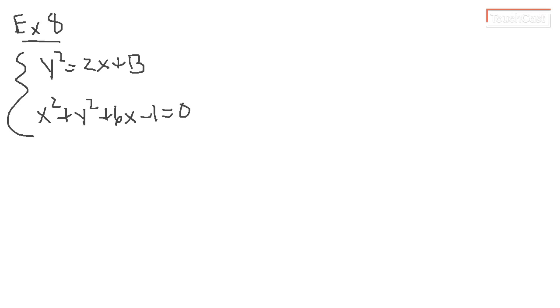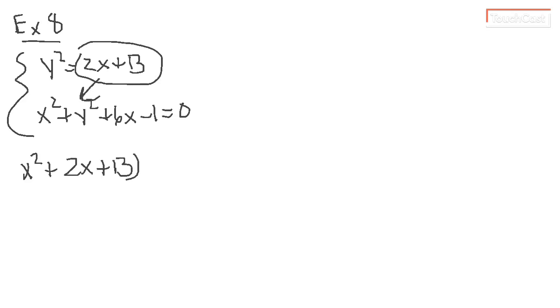I'm going to use substitution for this because I have a y squared in both of my equations. I'm just going to take 2x plus 13 and put it in for y squared. So we can write x squared plus (2x plus 13), which we should get in the habit of putting in parentheses in case there's a coefficient there, plus 6x minus 1 equals 0.